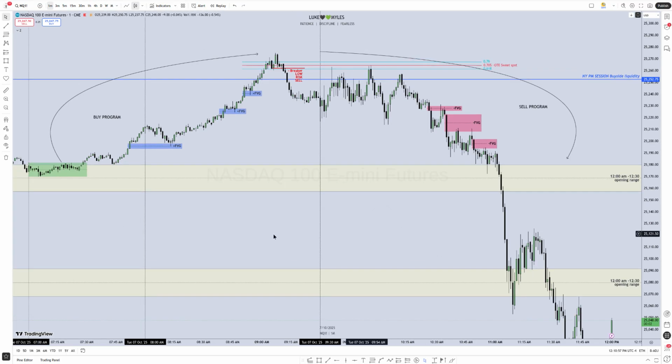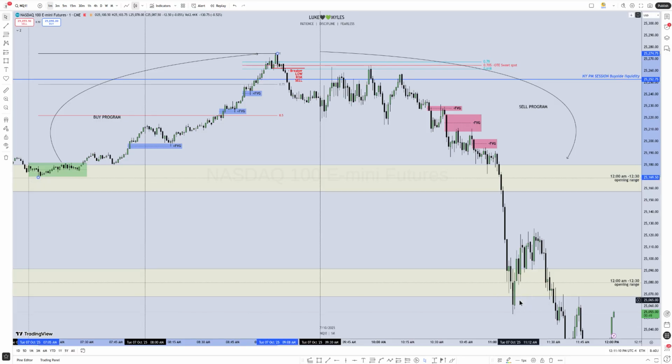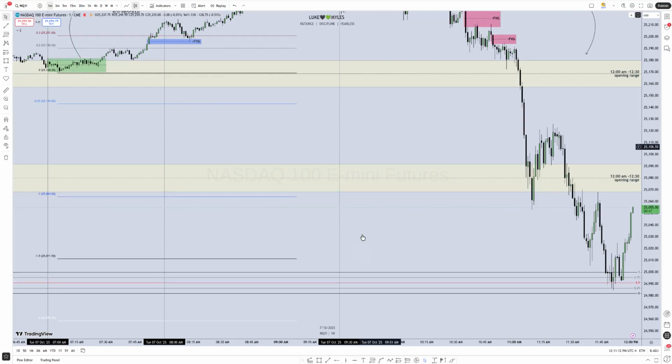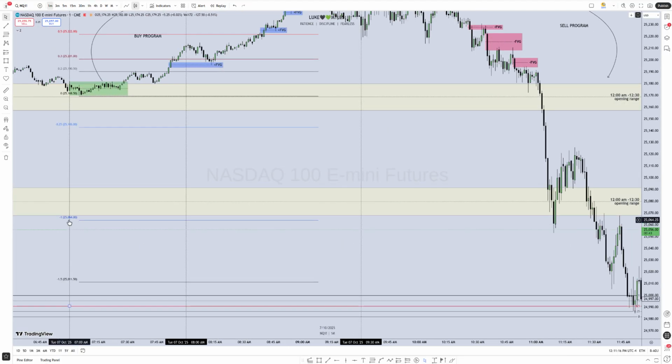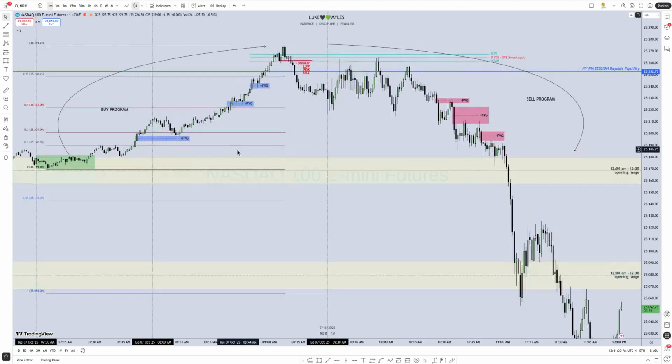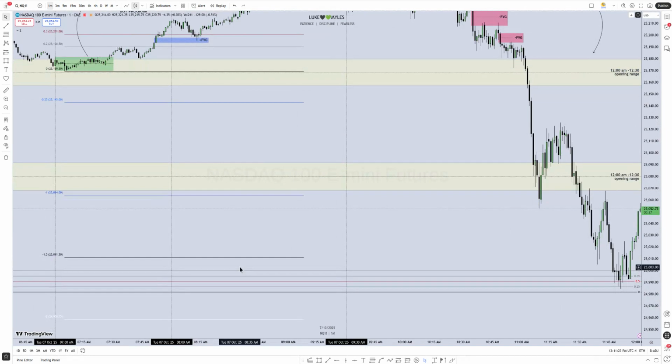Now if I'm to measure the whole move that was moved by the precession right there, I want you to look at the 2 standard deviations. If I tap my expansions, 2 standard deviations, I'm having 1 standard deviation of this whole range that was moved in the precession. How far below that? 1.5 standard deviations.